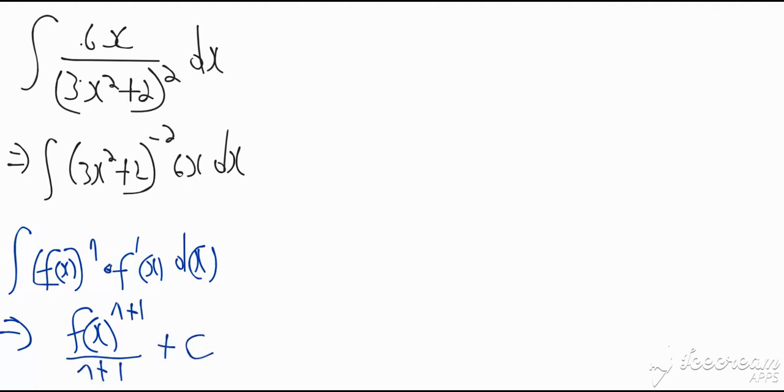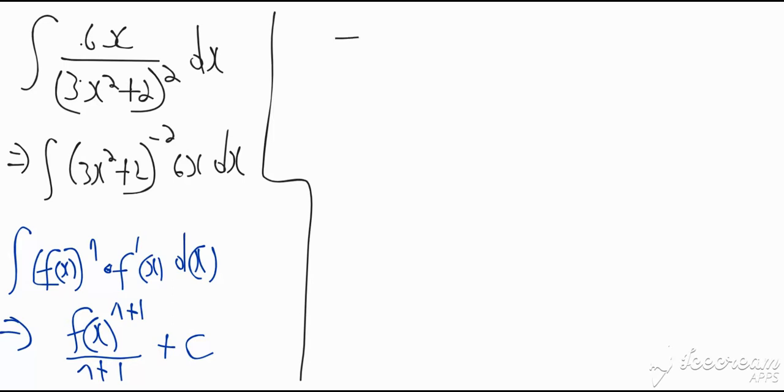All right, this is what you're going to be using. So we're applying recognition. Now let us see if the function actually fits the criteria. For the function to fit the criteria, what I have outside, which is 6x, must be the differential of what I have inside of the bracket, which is 3x squared plus 2. It does match that criteria. There's no need for any manipulation, so we go right ahead.